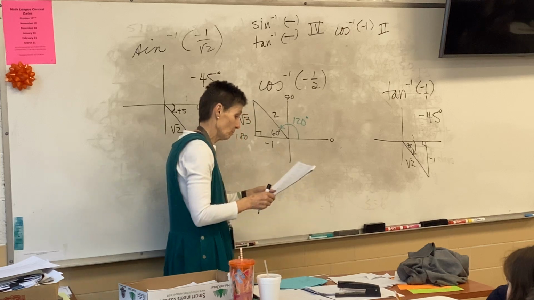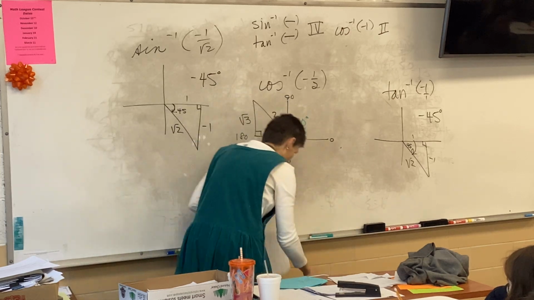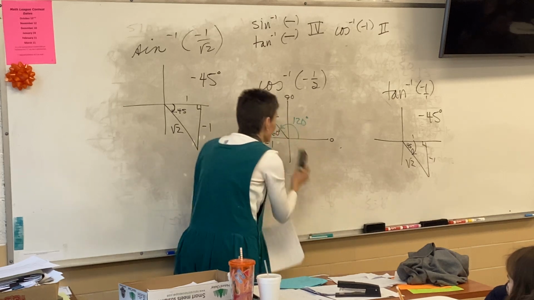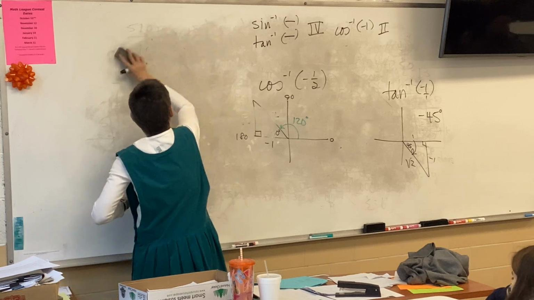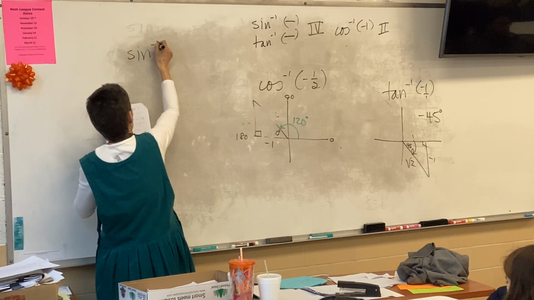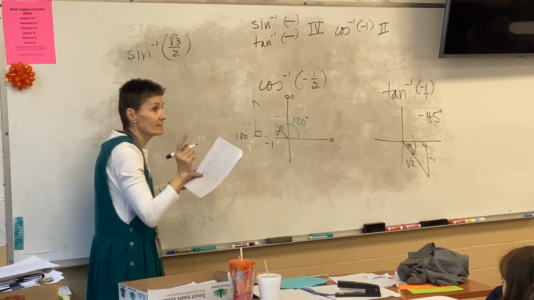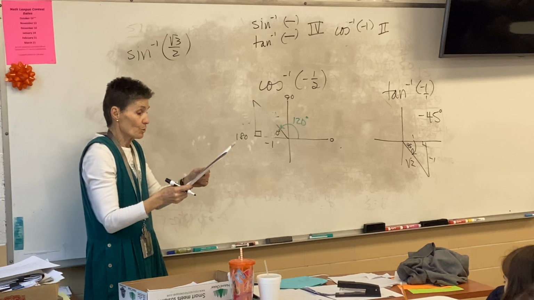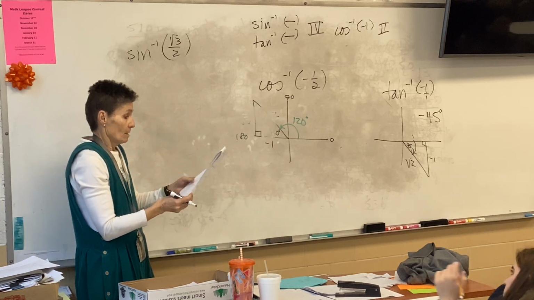All right, what am I ready for? G? All right, so see if you can do this one by yourself. Notice it is a positive number. So you are going to draw that in quadrant 1.